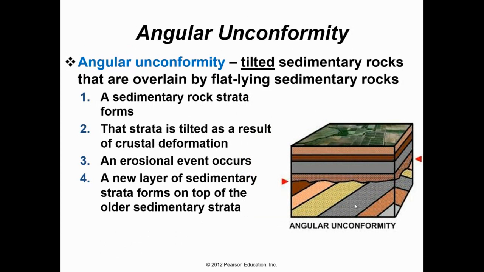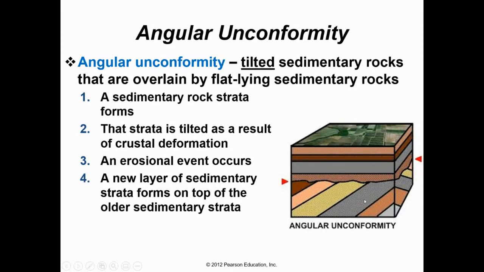So those beds are essentially tilted from a flat lying appearance up to, in this case, about 45 degrees tilted. So they look like they're slightly tilted to the side. It's important to understand that those tilted beds initially formed as flat. They did not form tilted.